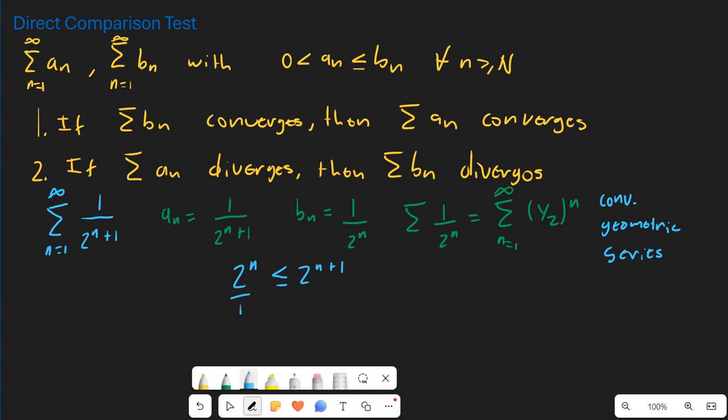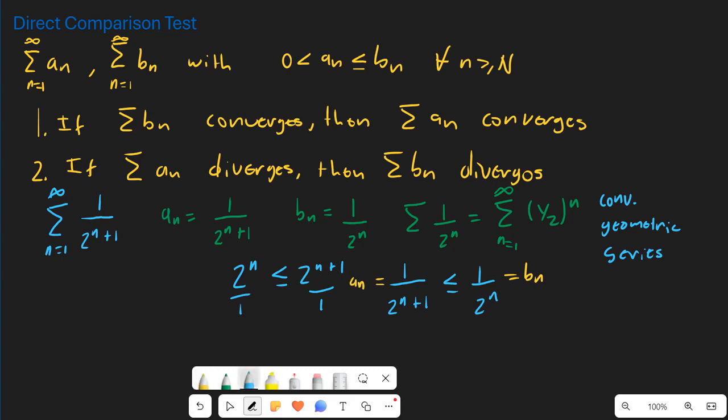Now, knowing that proportionality can be obtained, when we flip this, we have that 1 over 2 to the n plus 1 is less than or equal to 1 over 2 to the n. Notice that this is the sequence bn, and this right here is the sequence an.